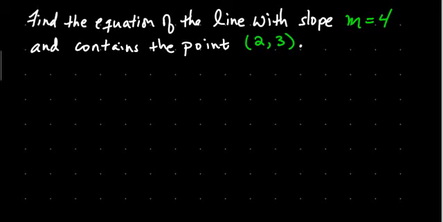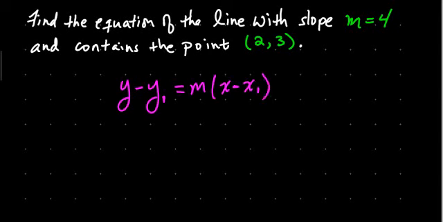Let's go magenta. Y minus y1. Not magenta, it's purple. Y minus y1 equals m times x minus x1. Okay? So here is y1, here's x1.